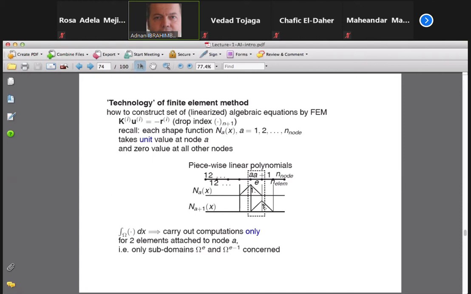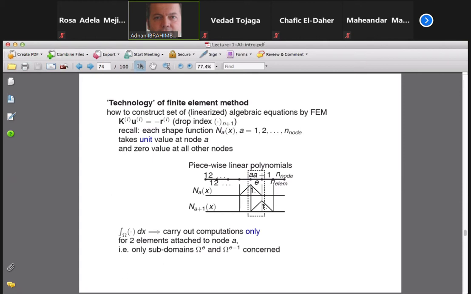One is that we switch from the physical domain to the so-called isoparametric domain. And the second thing is that we introduce so-called natural coordinates, so that in this domain, every element looks the same. That's precisely what is going on in each and every computer software.